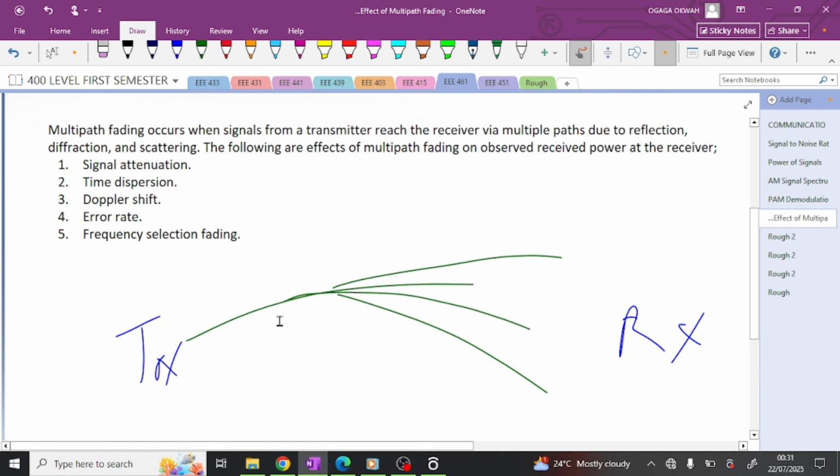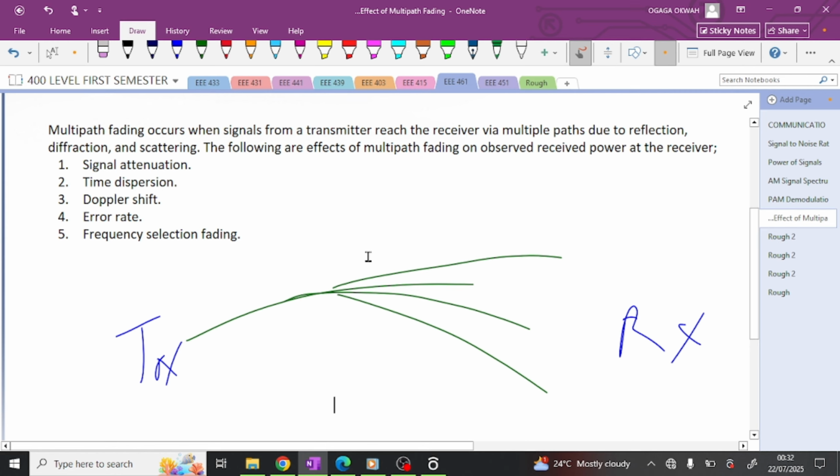That means the power from the sending end will not be the same as the power at the receiving end, because the signal from a transmitter reaches the receiver via multiple, different paths, due to reflection, diffraction, and scattering.